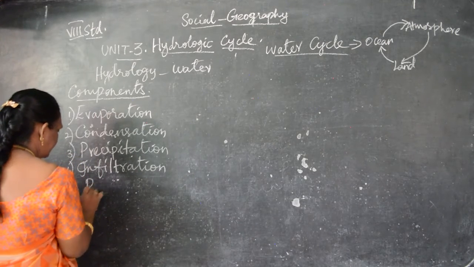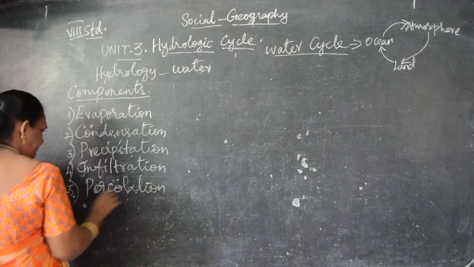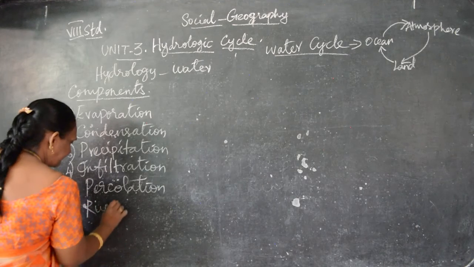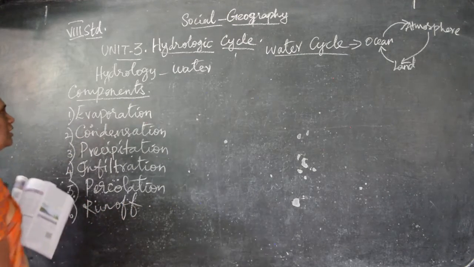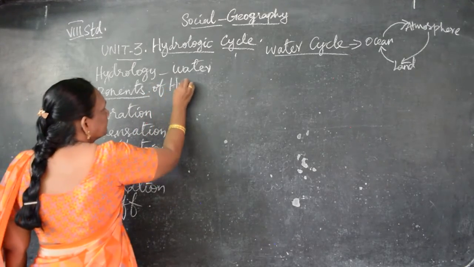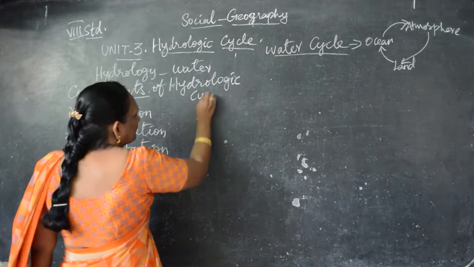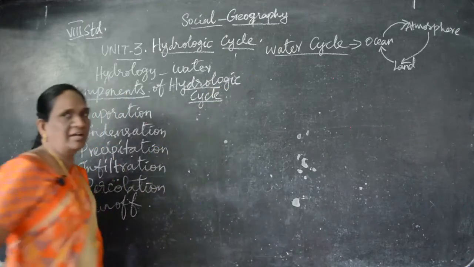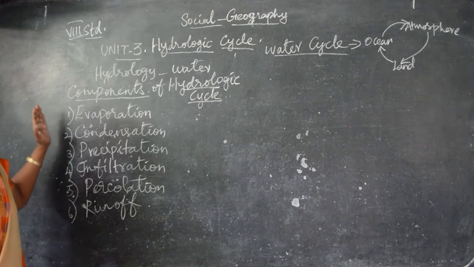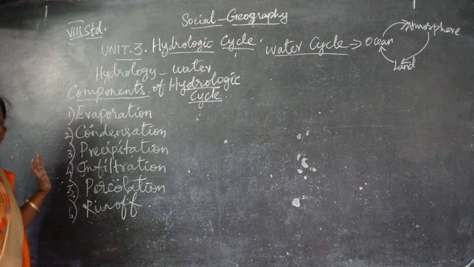Fifth one, percolation. And sixth one, runoff. So these are the 6 components of hydrologic cycle. What are the 6 components of hydrologic cycle? You just say evaporation, condensation, precipitation, infiltration, percolation and runoff.